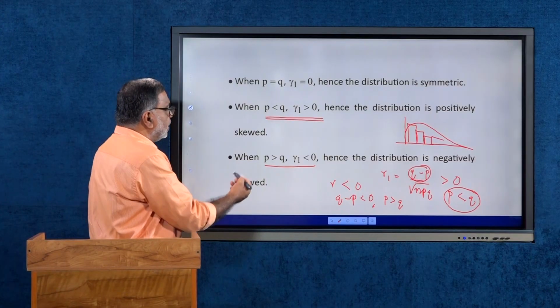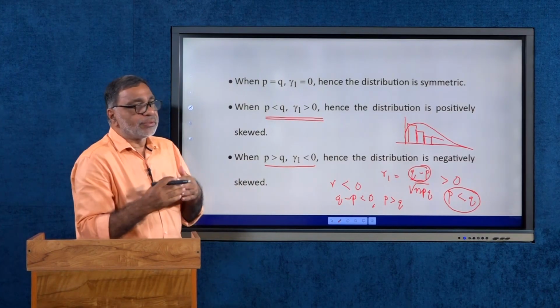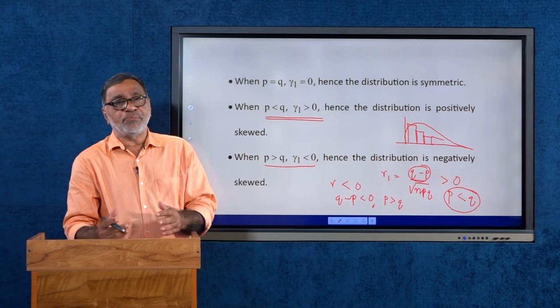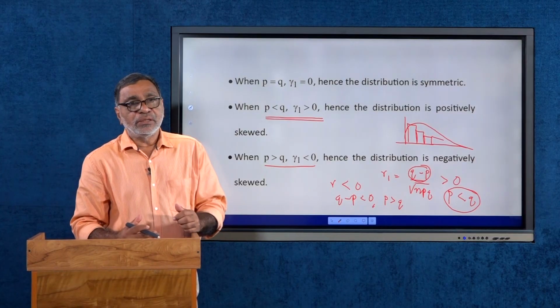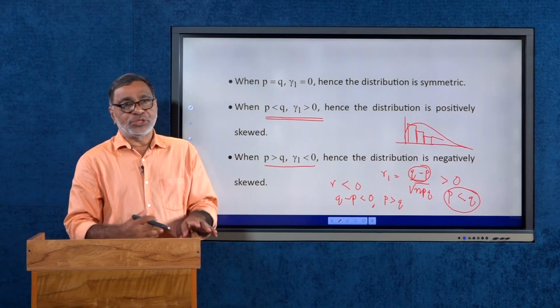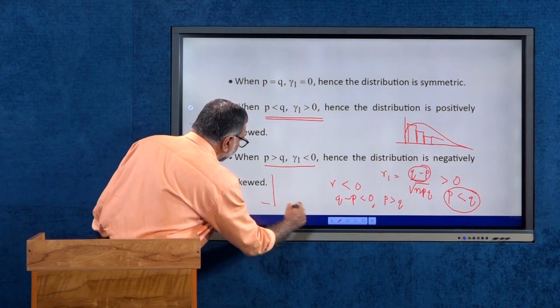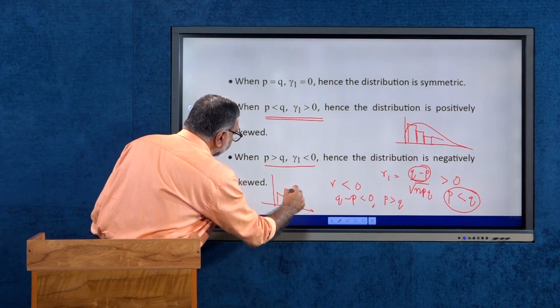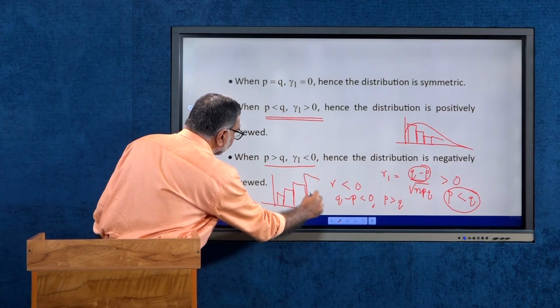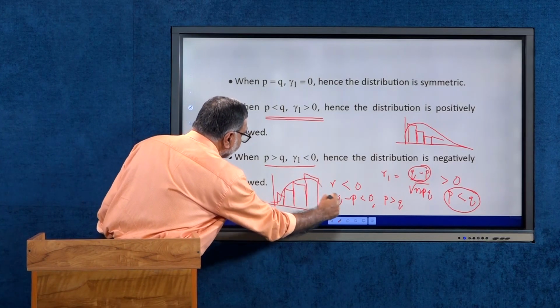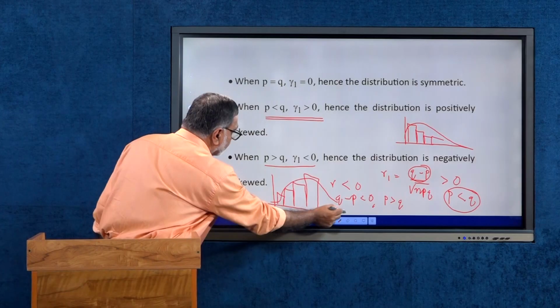Whenever p is greater than q, meaning the probability of getting success is larger than the probability of getting failure, the distribution is negatively skewed. So, that means a histogram of this is something of the form. So, that is the type.